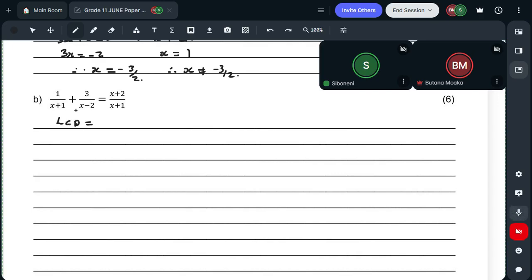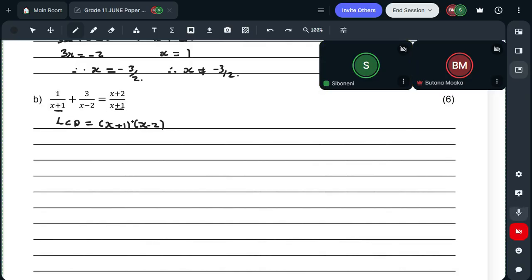The lowest common denominator is just the product of your denominators, but don't repeat the terms. So I have x plus 1 and x minus 2. I don't have to say x plus 1 again. You just take one of these two. You understand? Yes.